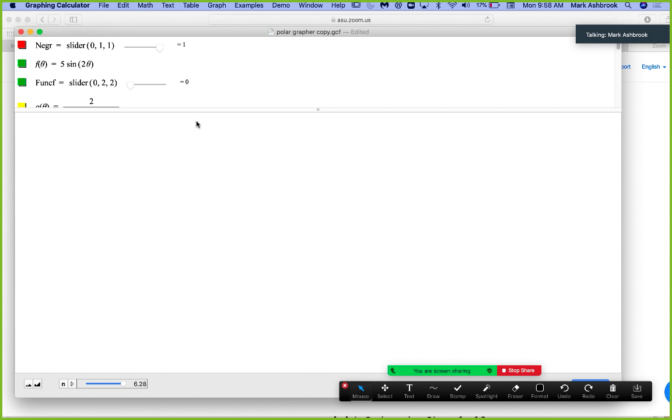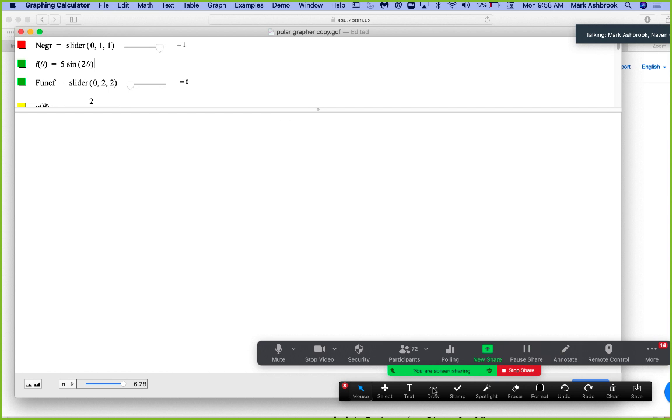Okay, so let's try this one. What we're going to do first is graph it in Cartesian coordinates.